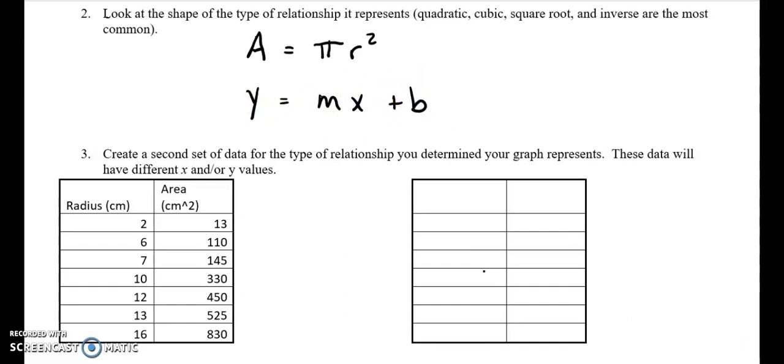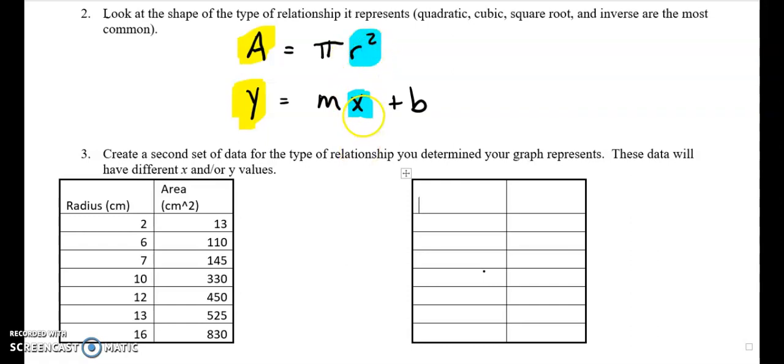Okay, so if we look at our data, we know that the dependent variable is the area. So the area is, in this case, our y variable, our dependent variable on the y-axis. Great. So to make this data linear, we are going to have the radius. Radius is the independent variable, but we need to graph radius squared.